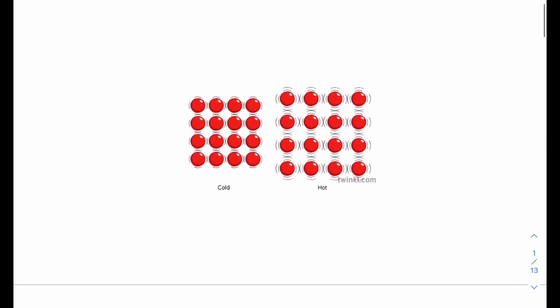And now we're going to be looking at temperature. So what effect does temperature have on the rate of reaction? So how quickly something reacts? Well, based on the fact that we said activation energy needs to be met, it's quite important.